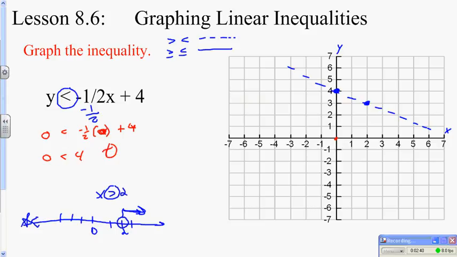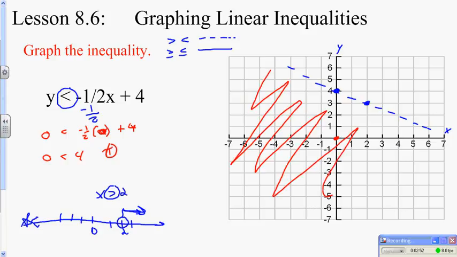That is a true statement. So since it was true, and the point was on this side of the railroad tracks that you just drew, I would shade this whole side. Any point that's shaded here would work if we plugged it into the inequality. In other words, you would get a true statement.